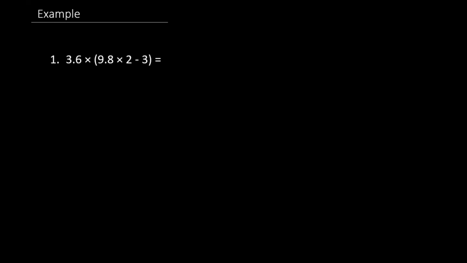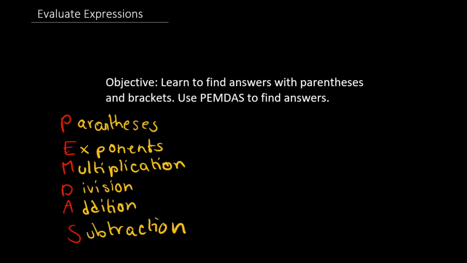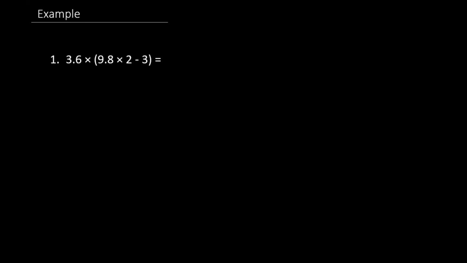The first example is 3.6 times, in parentheses, 9.8 times 2 minus 3. So we have to do multiplication first because that's what this is, and then we subtract.